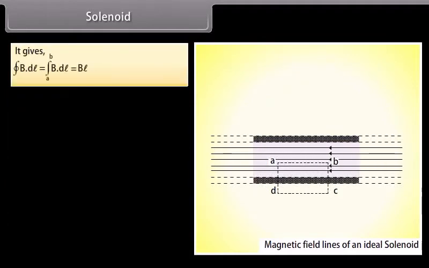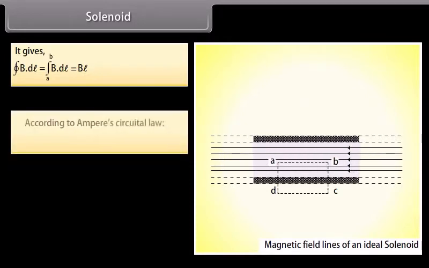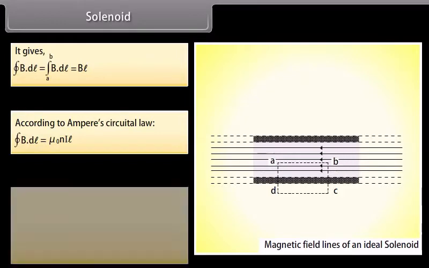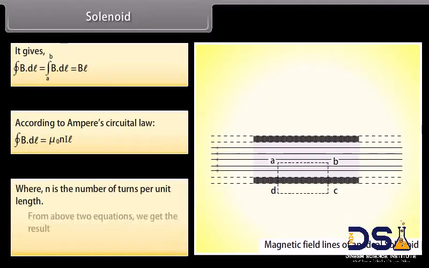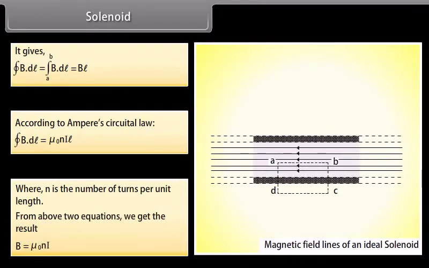It gives closed integral of B dot dl equal to integration from A to B of B dot dl, which is equal to BL. According to Ampere's circuital law, closed integral of B dot dl is equal to mu naught n I L, where n is the number of turns per unit length. From the above two equations, we get the result B equal to mu naught n I.